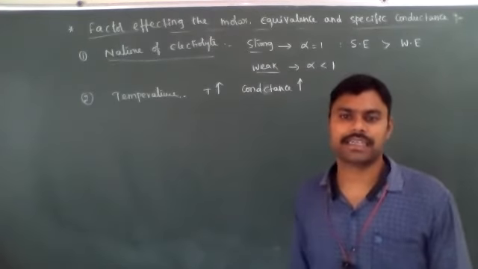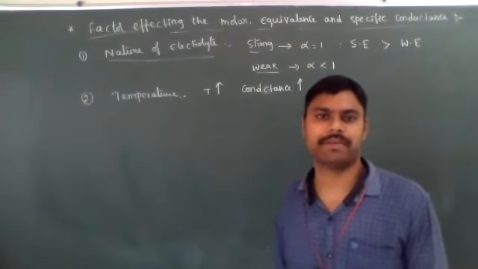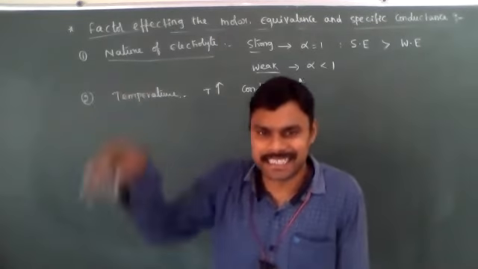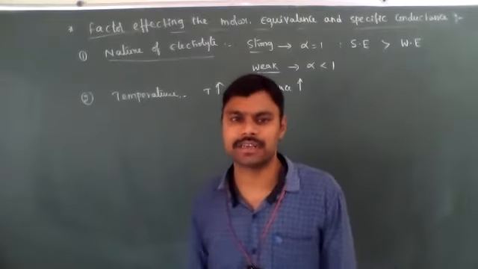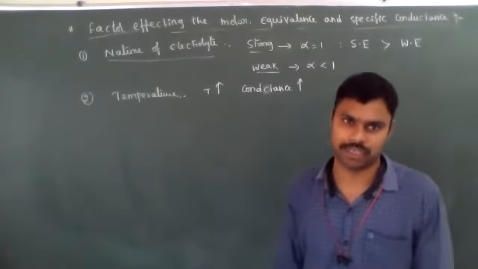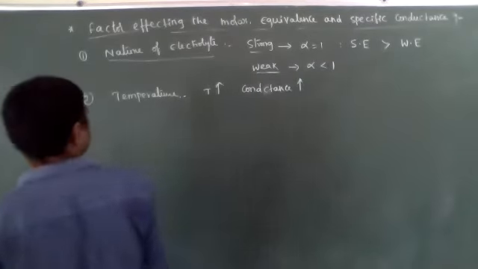But for electronic conductors or metallic conductors, when temperature increases, resistance increases, so the conductance decreases. That is, they are inversely proportional, but here it is directly proportional. That is the temperature effect.